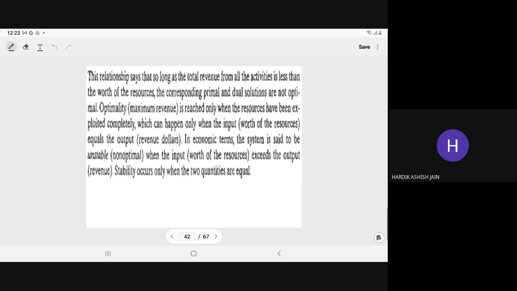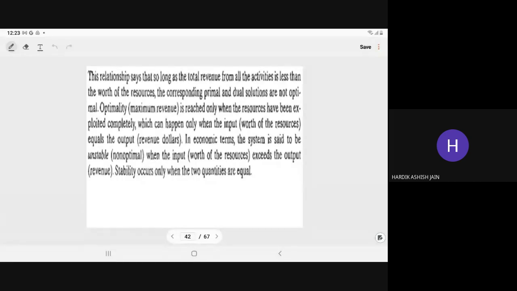Unless you use your available resource completely, you cannot get the maximum benefit, which can happen only when the input worth of the resource equals the output revenue. In economic terms, the system is said to be unstable.